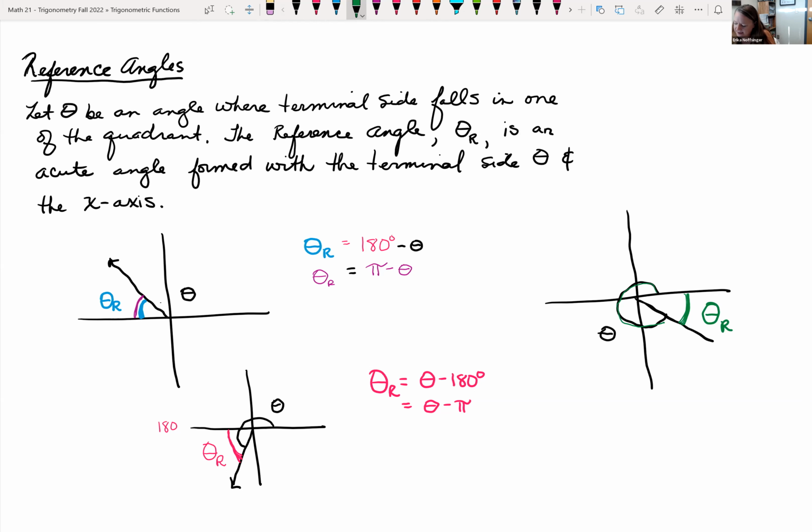We can find that by doing the full rotation minus theta, so 360 degrees minus theta. Or in radians, that would be 2 pi minus theta.